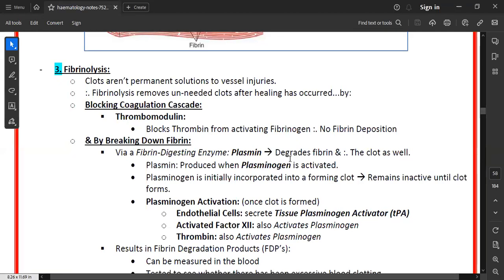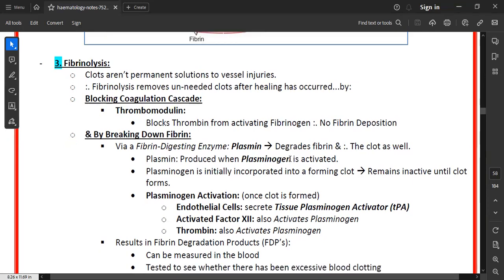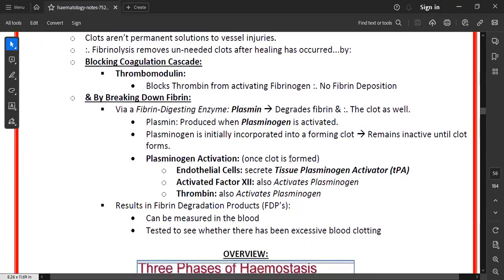So plasminogen is an enzyme that is activated to plasmin. And then plasmin is what degrades the fibrin clot. Plasminogen is activated by endothelial cells, which release a factor called tissue plasminogen activator. And then factor 12 also activates plasminogen.